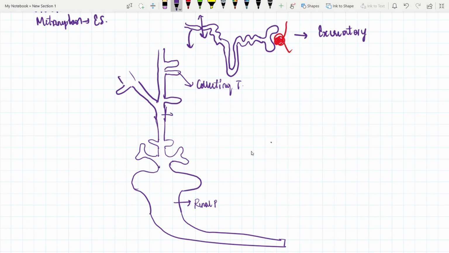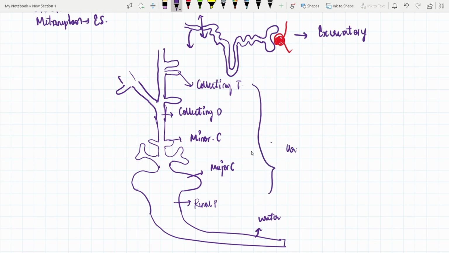So all these things, collecting tubules, collecting duct, minor calyces, major calyces, renal pelvis, and ureter, all these are derived from ureteric bud, which again originates from what?